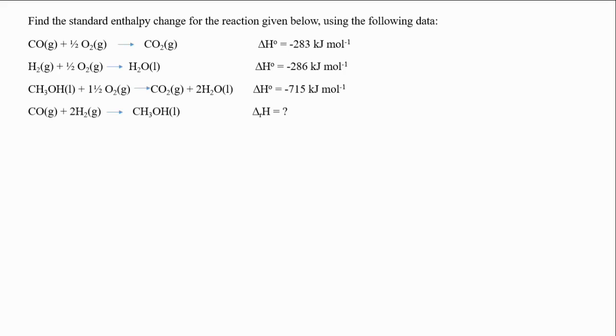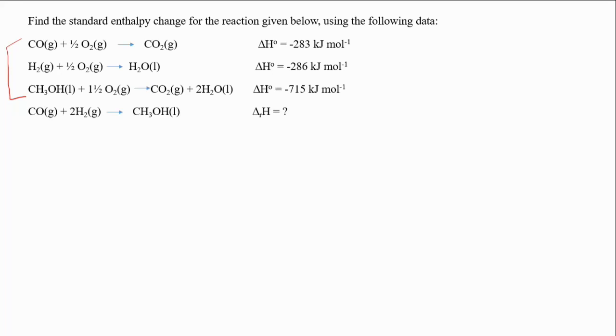It says, find the standard enthalpy change for the reaction given below using the following data. Here we have a reaction where we don't know the enthalpy change and we are trying to figure it out. We are given some other reactions that we should use to calculate the enthalpy change for this reaction.